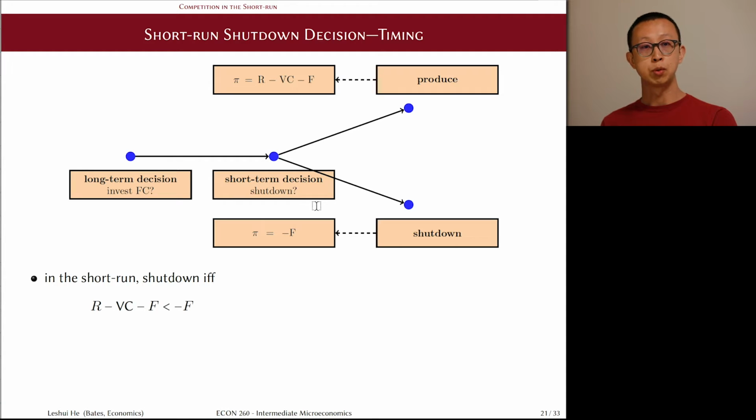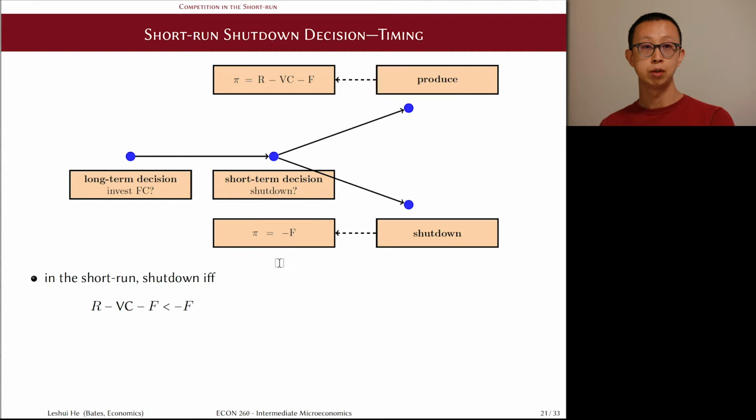And the decision between operating and shutting down in the short run is the following. If it shuts down, then the firm still has to pay the committed fixed cost. Not operating would have no revenue, but also no variable cost.